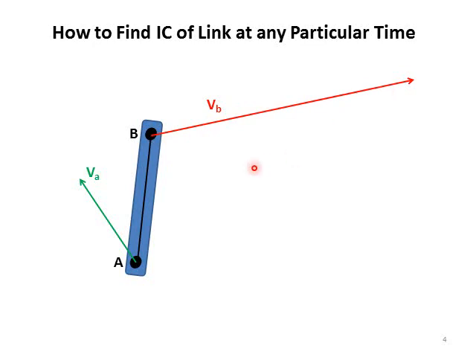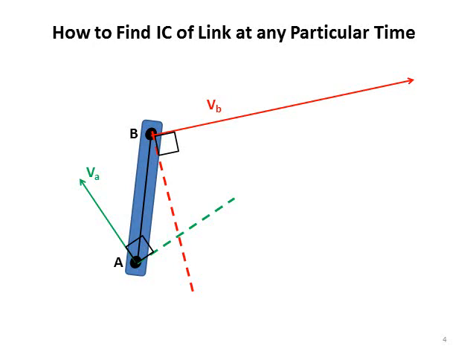And to find the instantaneous center at this particular time 1 second, we have to draw a perpendicular to VB, and we have to draw a perpendicular to VA. Let's see, if we draw a perpendicular to VB and VA, what will we get? An intersection.